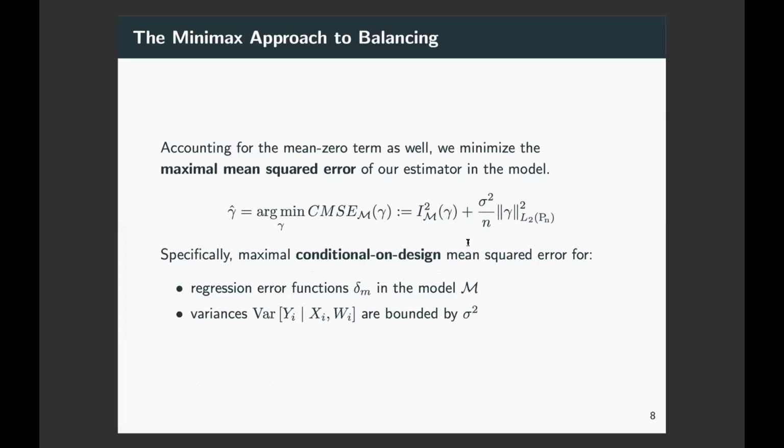Specifically, this is conditional-on-design mean squared error, where design means covariate and treatment. And it's maximal in the sense that it's the worst case over both regression error functions in the model and over variances bounded by some tuning noise level parameter, sigma squared.